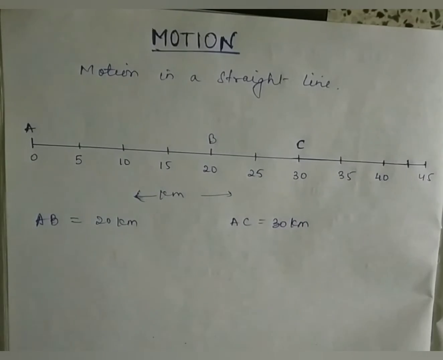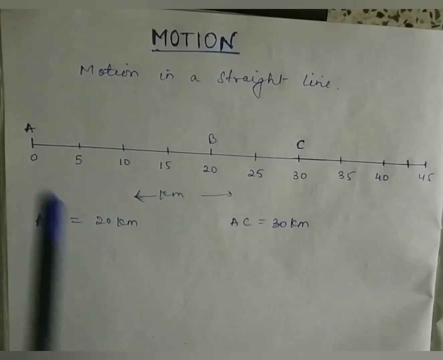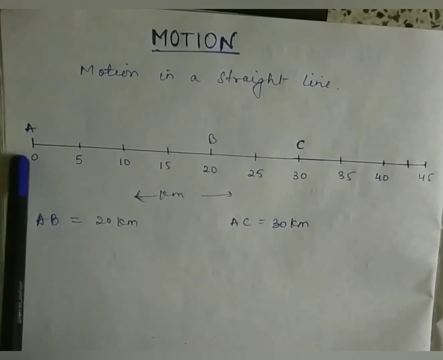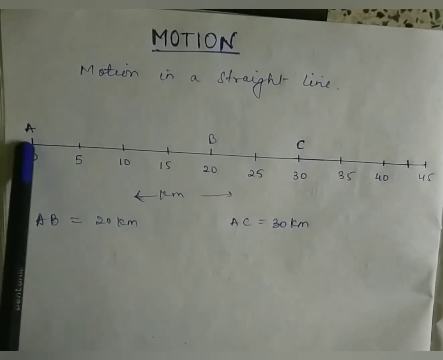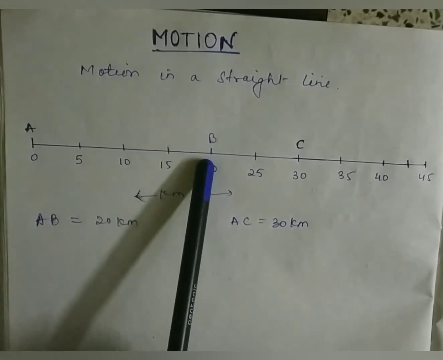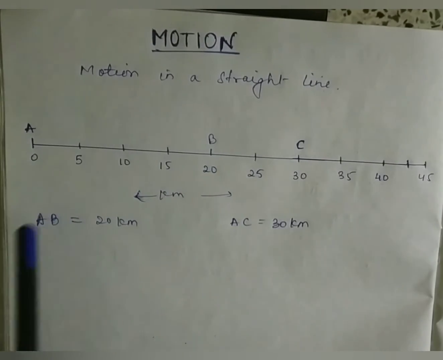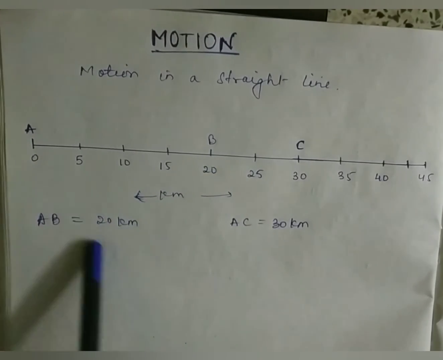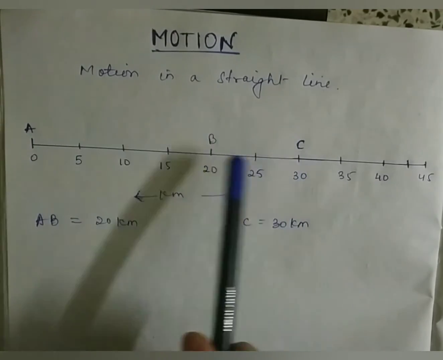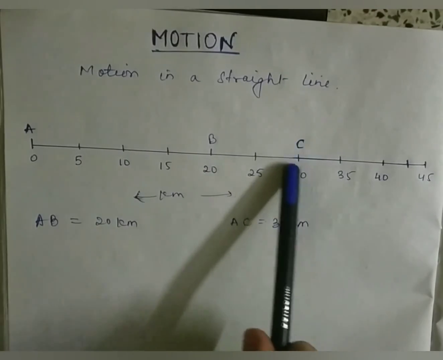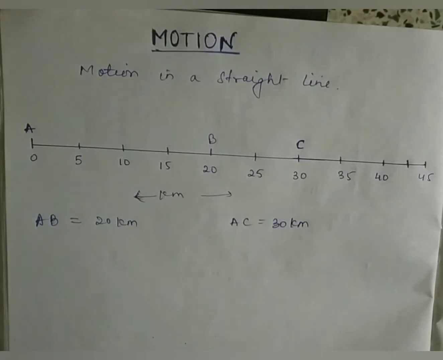Then what is the displacement? The displacement you had is also 20 kilometers. So in this case, when you are traveling from point A to point B, both the distance and the displacement are 20 kilometers. Now, suppose you travel 10 more kilometers to position C. What is the total distance traveled by you now?